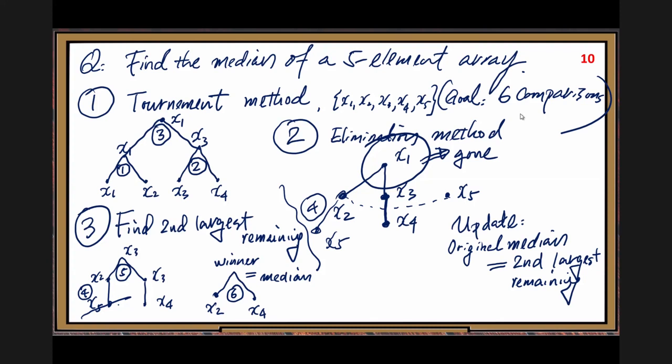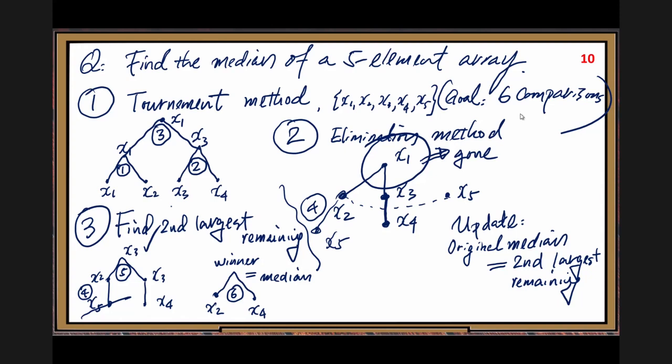Another way to look at this: because x3 is the remaining largest, when finding the second largest we only look at the elements that are direct losers of the winner. Indirect losers you do not need to look at. They already lost to other elements, so how can they be the second largest?